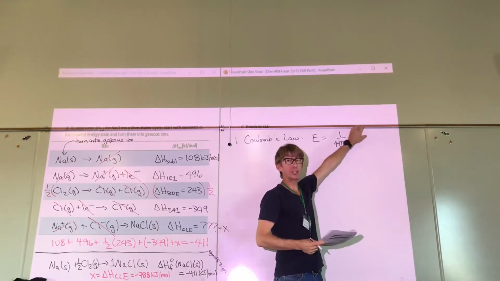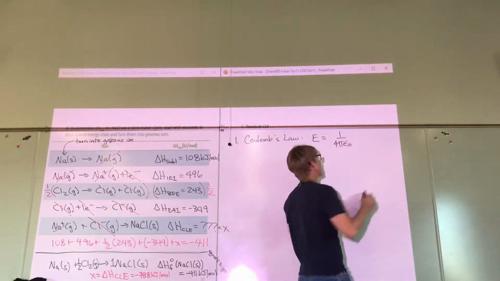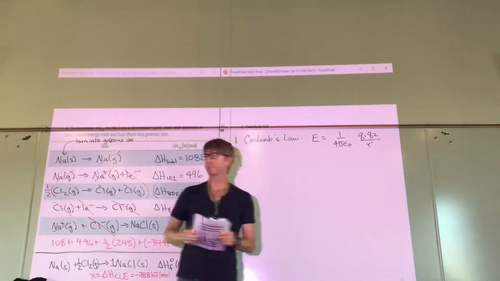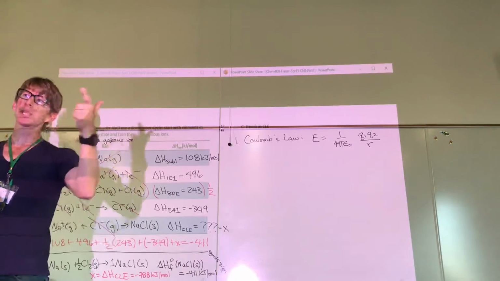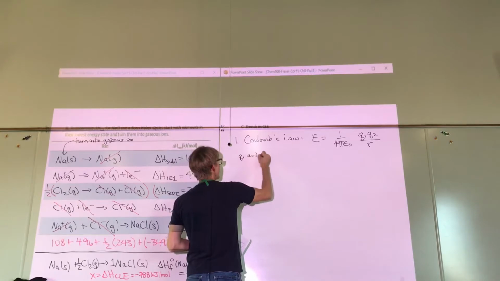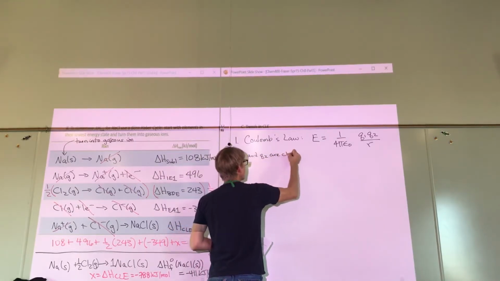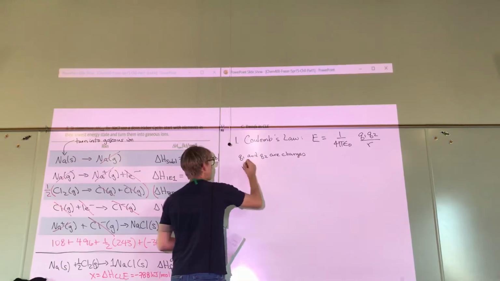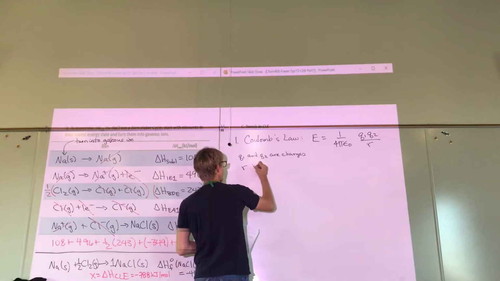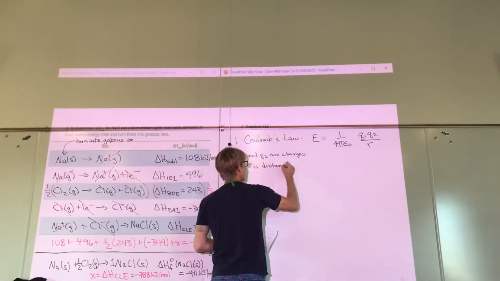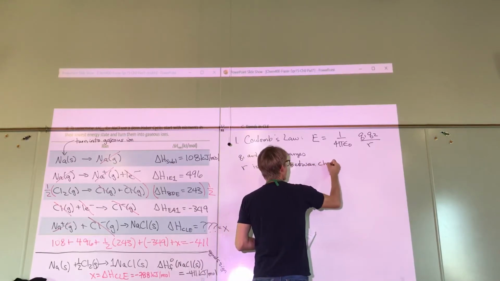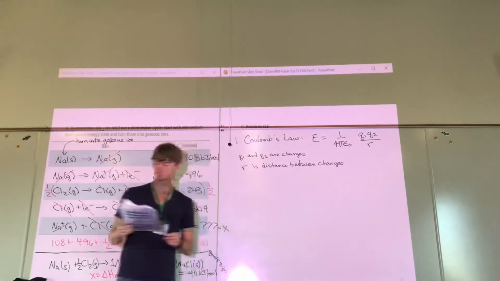The next term is lowercase q1 times q2 over r. q1 and q2 are charges, and r is the distance between those two charges.